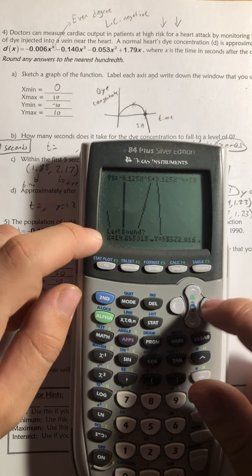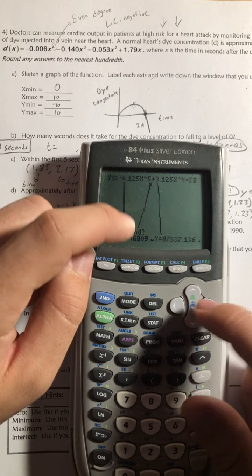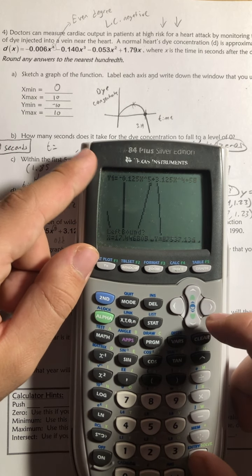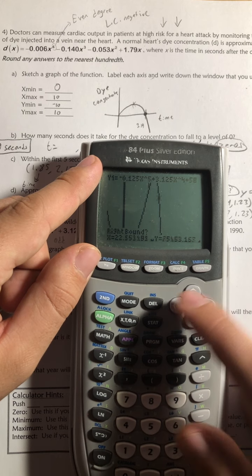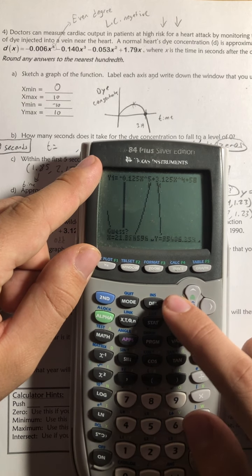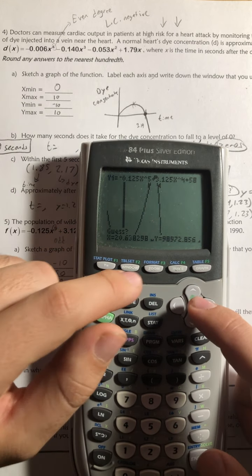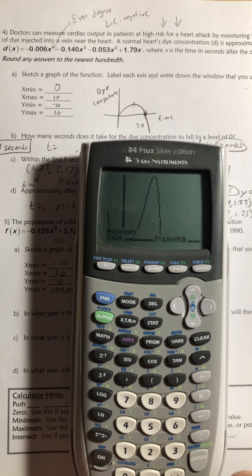Okay, and now I'm going to table left. I want to be left bound of that peak. So anywhere left bound is fine. Then I'll table over to be right of it. Right bound. And then I'm going to find a guess in between. Press enter.